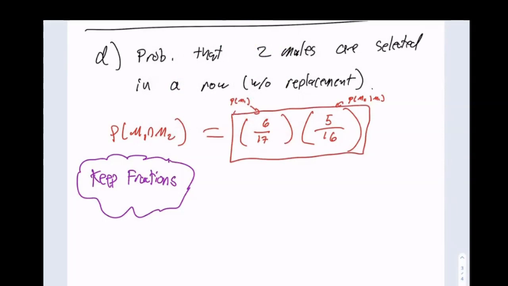Of course, on the AP exam, you could multiply these out, or you can just do calculations, and I multiply these together. 6 times 5. So this technically gives me 30 out of 17 times 16, 272. 30 divided by 272. So I get 0.11.